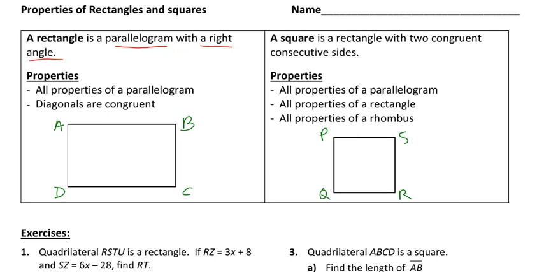So for example, angle A is a right angle. I apologize for this, because for some reason my pen doesn't want to write.